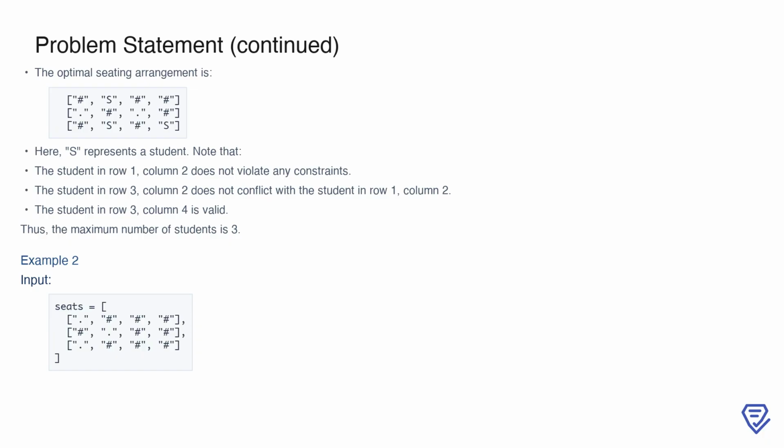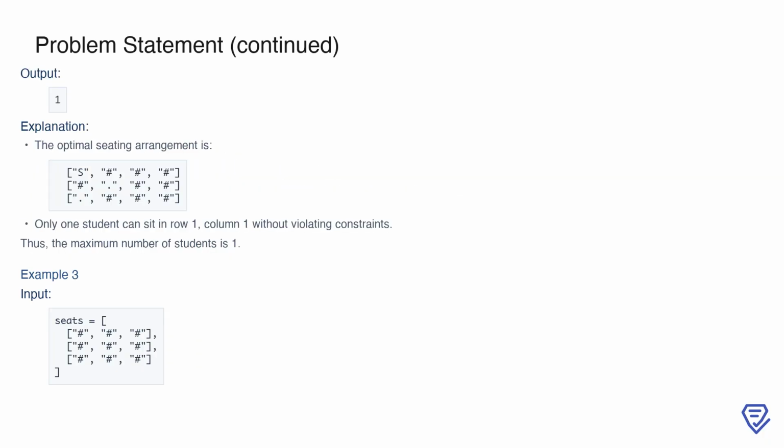Now, let's look at another example. Here, the input is seats equals, dot, hashtag, hashtag, hashtag, hashtag, dot, hashtag, hashtag, dot, hashtag, hashtag, hashtag. The output for this case is 1. The optimal seating arrangement is S, hashtag, hashtag, hashtag, hashtag, dot, hashtag, hashtag, dot, hashtag, hashtag, hashtag.